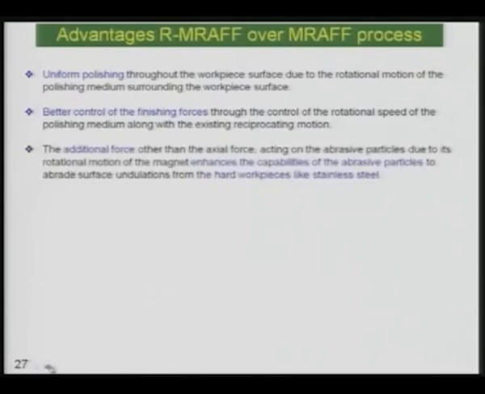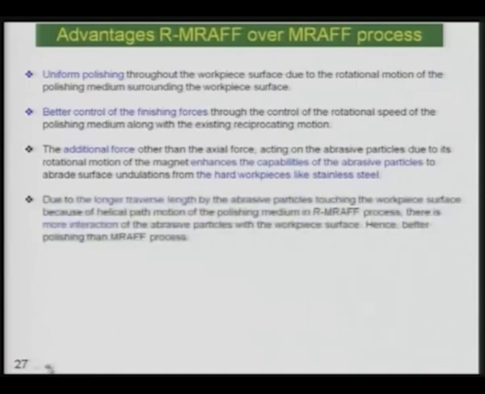The additional force, other than the axial force, acting on the abrasive particles due to the rotational motion of the magnet enhances the capability of the abrasive particles to abrade surface undulations from hard workpieces like stainless steel.